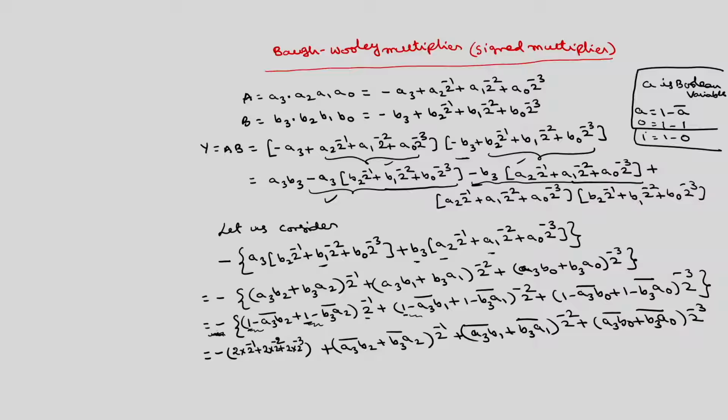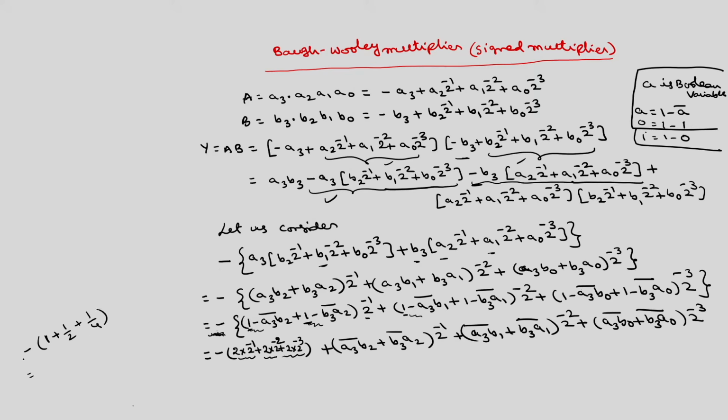So, what happens now? This will be 2 into 2 raised to the power of minus 1, minus of becomes 1 plus this becomes 1, this becomes 2 raised to the power of minus 1 which is 1 by 2, this is 2 raised to the power of minus 2 which is 1 by 4.